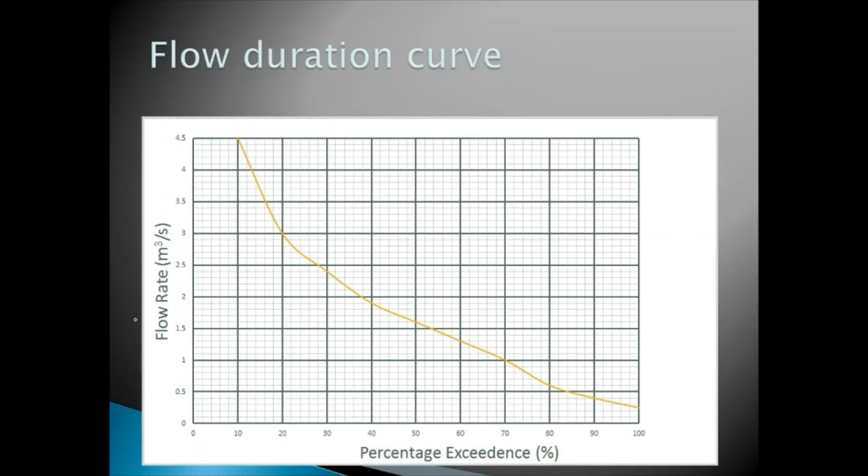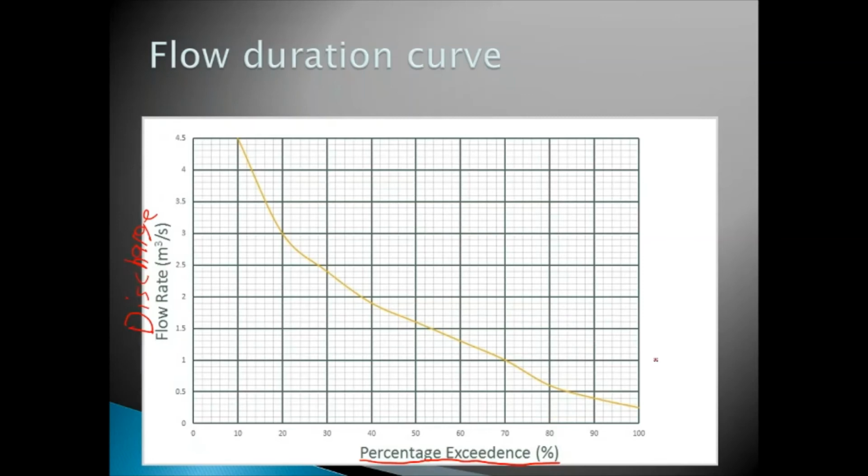So we have discharge over here, and this is the percentage exceedance. What this shows you is how often the river is at a specific discharge or higher.